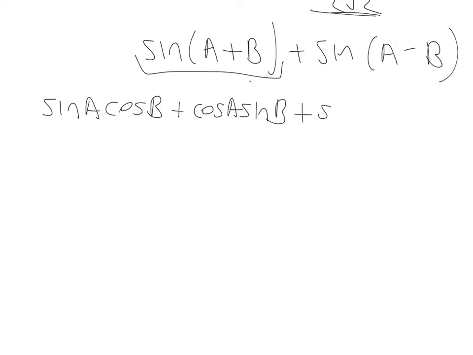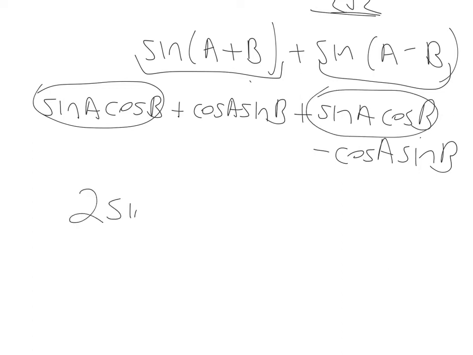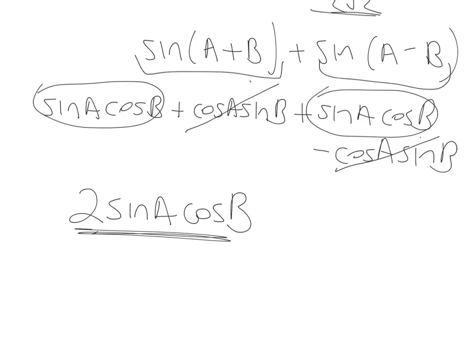I'm then adding on sin a cos b minus cos a sin b. Okay, so I've got sin a cos b plus sin a cos b is 2 sin a cos b. Cos a sin b minus cos a sin b cancels out, and there's my final answer.